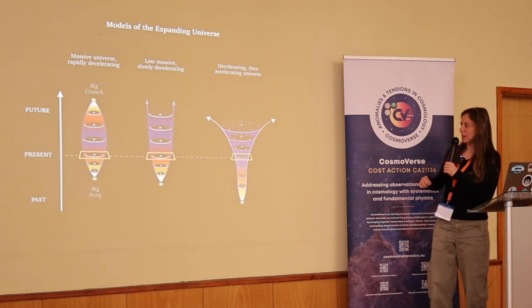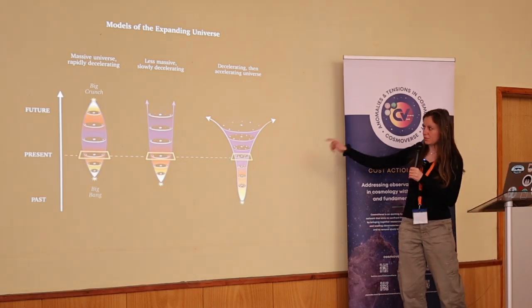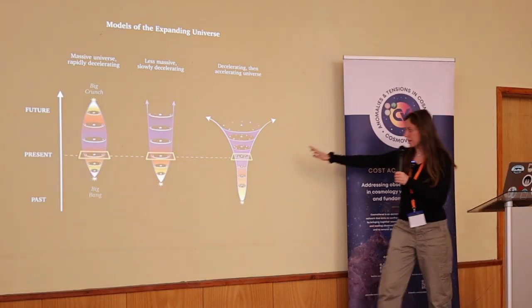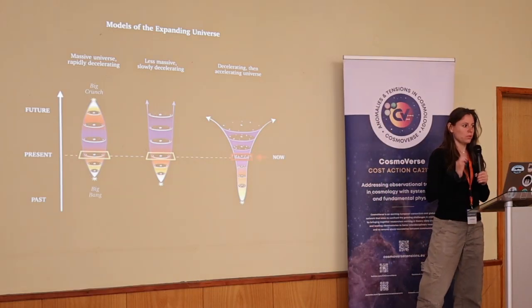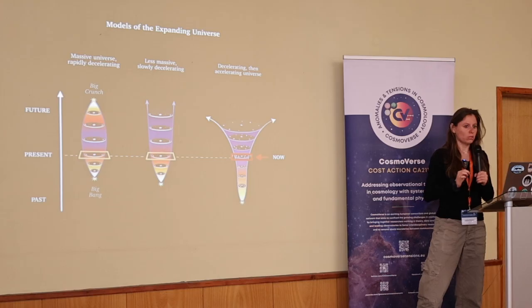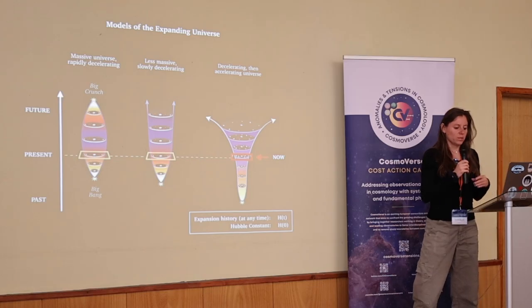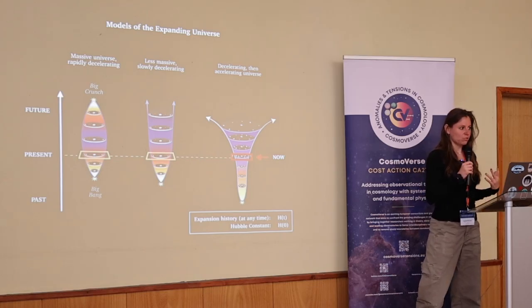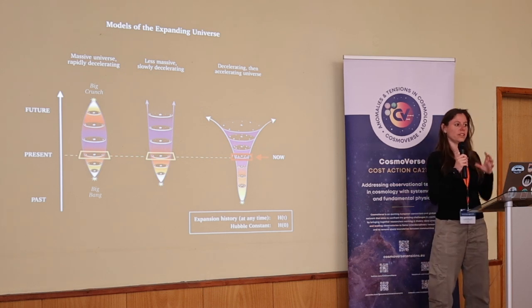Let's get back to this. I just wanted to point out that the yellow squares represent the present. Here's the past and here's the future. But what we want to talk about today is really the Hubble constant, H0. H0 means H today. Today is 0; when you see 0, it means the present time. Expansion history at any time or any redshift would be H of t, and the Hubble constant is really H0.